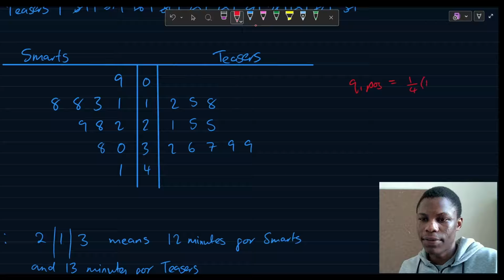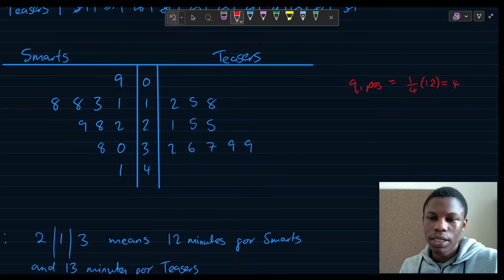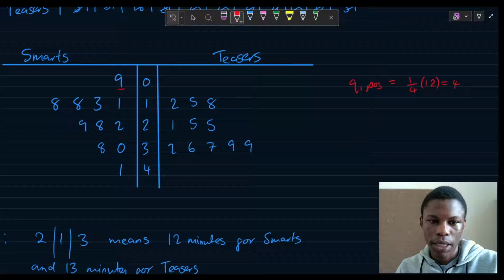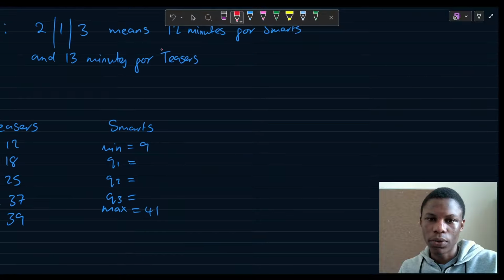Our n is 11, so a quarter of 11 plus 1. 11 plus 1 is 12, and a quarter of 12 is 4. So the number in position 4 becomes our Q1. Reading from the left, 1, 2, 3, 4. The 18 there becomes our Q1.